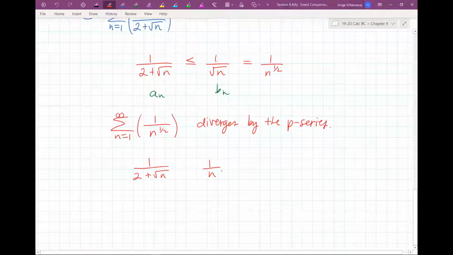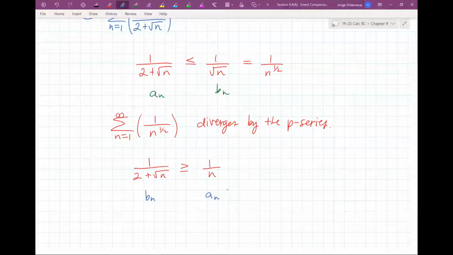Which one? 1 over n? Well, the n would be bigger. So 1 over 2 plus rad n would be the bigger function. Okay, so that makes this b sub n and this a sub n.